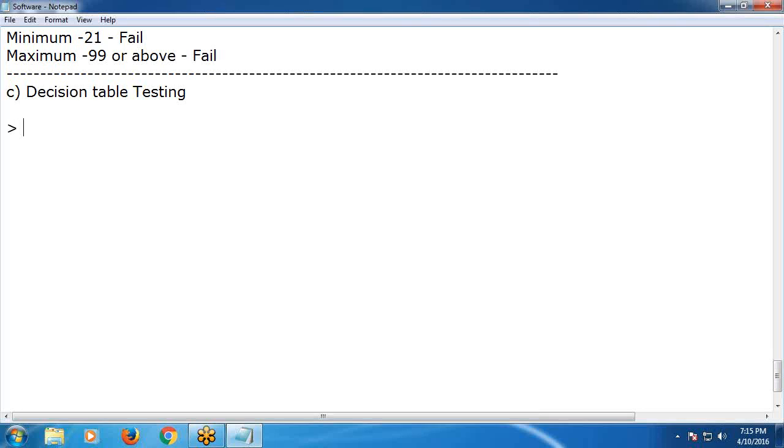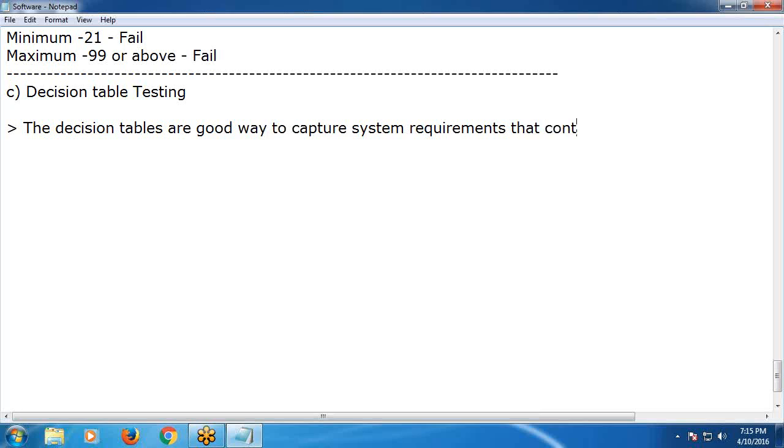The decision tables are a good way to capture system requirements that contain logical conditions.